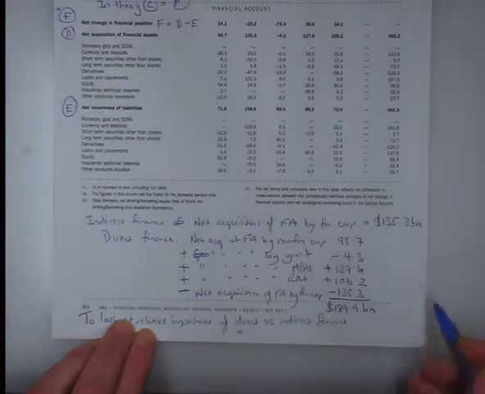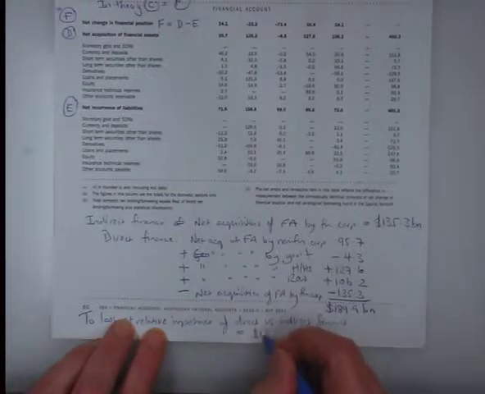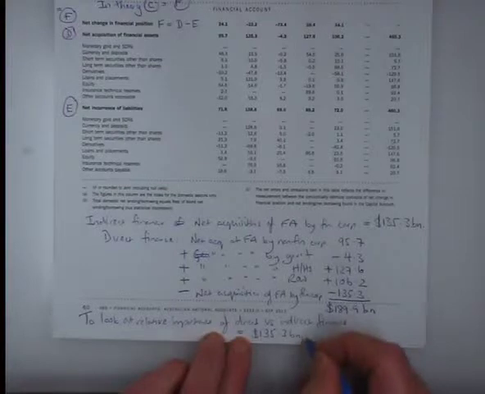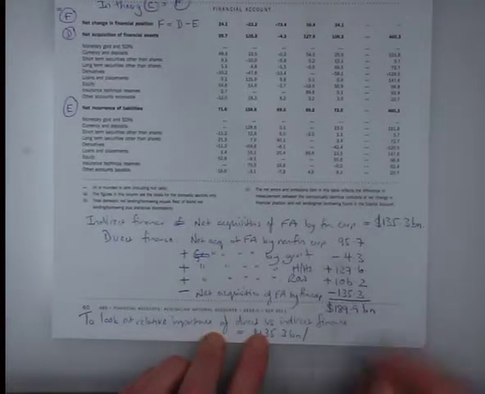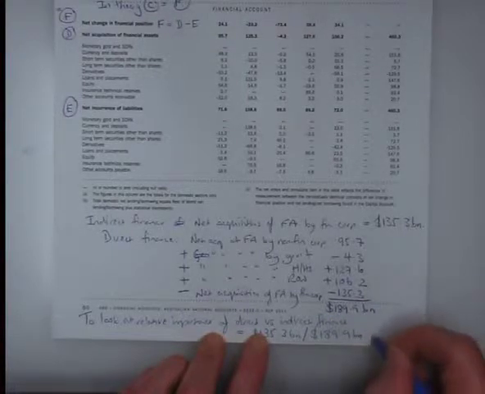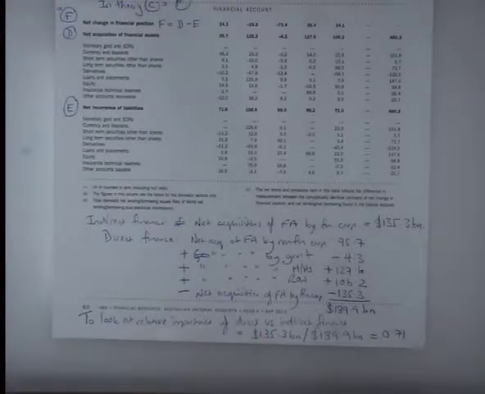So we're going to divide the amount of indirect finance that went on in the economy that year by direct finance. And in fact, we're going to see that comes out to 0.71.